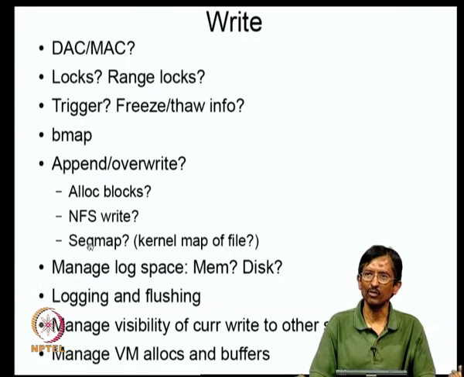When you try to write from the user buffer to the kernel mapped region, you might suffer a fault, and then the kernel will notice that this has been because of a segmap write, and then it knows that it has to bring the corresponding blocks, or corresponding information that is present in the disk. It has to bring it back, and so some of those things also have to be done.